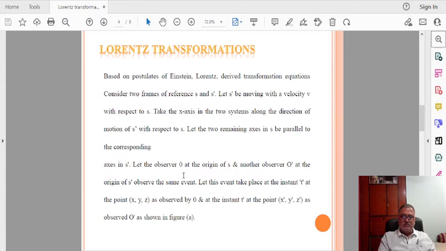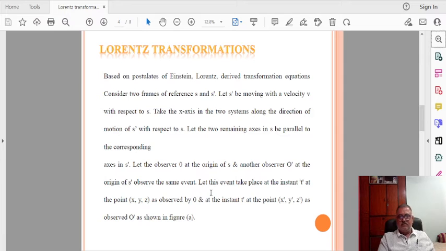Let the observer O be at the origin of S and another observer O prime at the origin of S prime, the other system. These two observers are observing the same event.